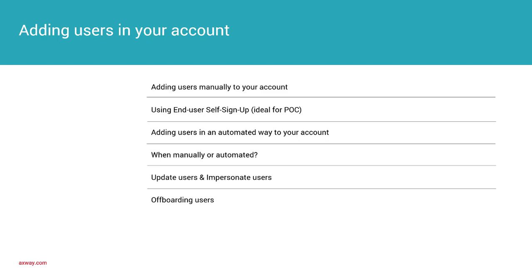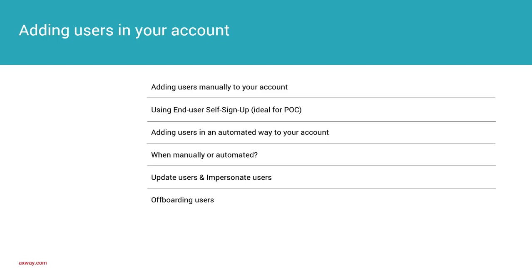We also showed you how to add users via API. We also told you that you can update users at any time and showed you how to do impersonation if you really need to get access to that user's account. And of course, we gave you some best practice tips on how you offboard users, as part of your deployment or in your proof of concept.